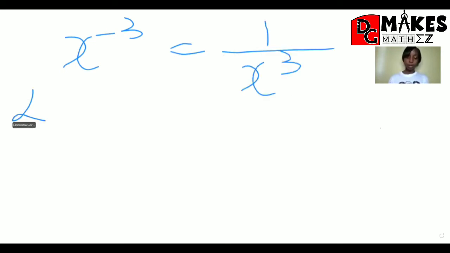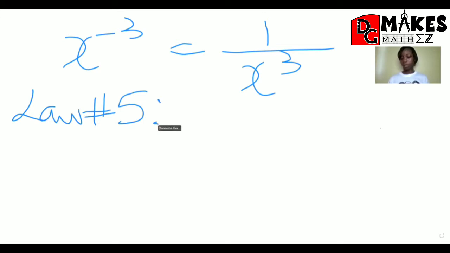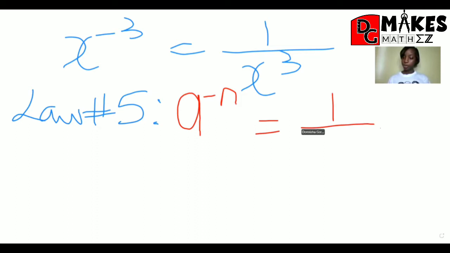And so the general law that we're going to write at this time, I think this is about law number 5, is going to say if we have a variable, a number, raised to a negative power, let's use n, any number, then it is the same as 1 over a raised to the positive of that power.